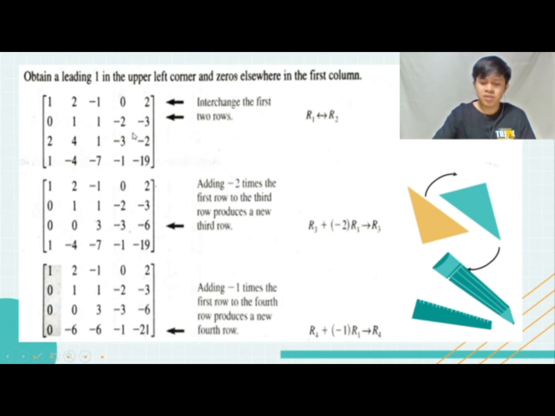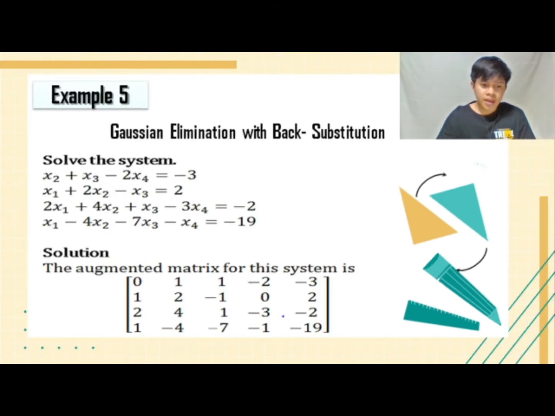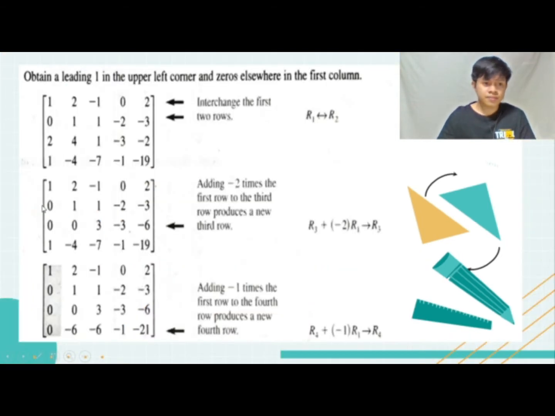So kung mapapansin nyo po dito, on how to write the augmented matrix of a system of linear equations, yung 0 and then 1, 1, negative 2, and negative 3 ay mapupunta po siya dito sa second row. And then ang 1, 2, negative 1, 0, and 2 ay mapupunta po siya dito sa unahan, dito sa first row. So, ayan po sila, nag-interchange the first two rows.